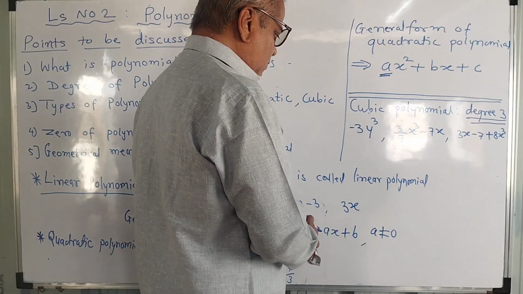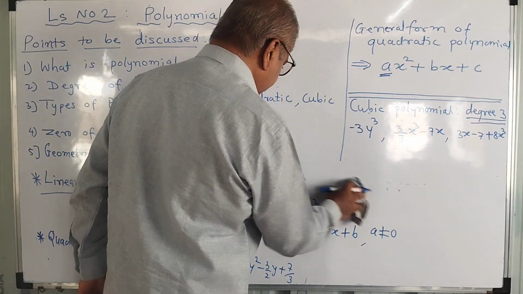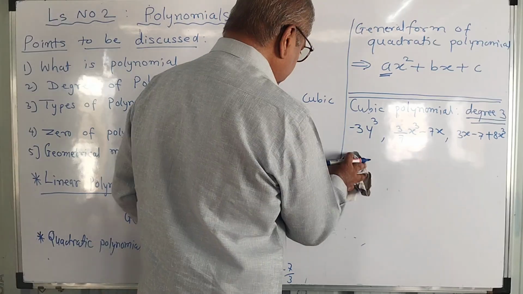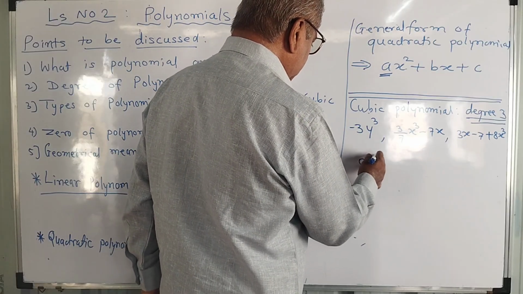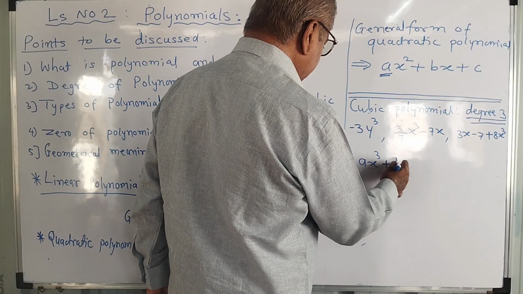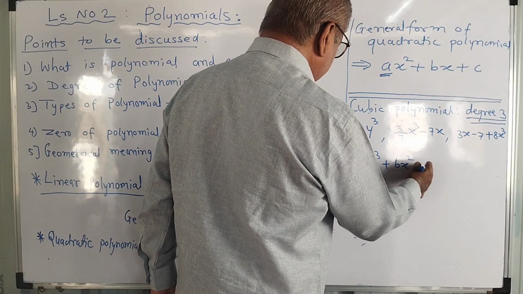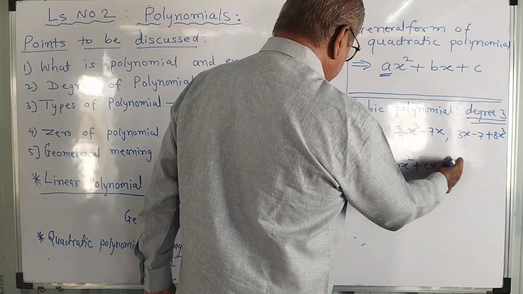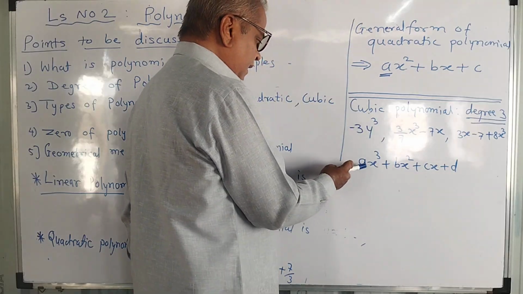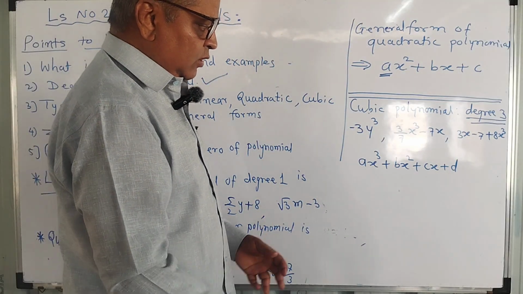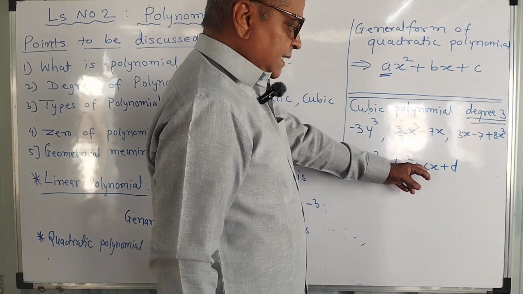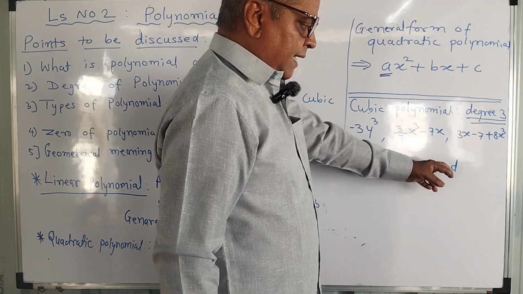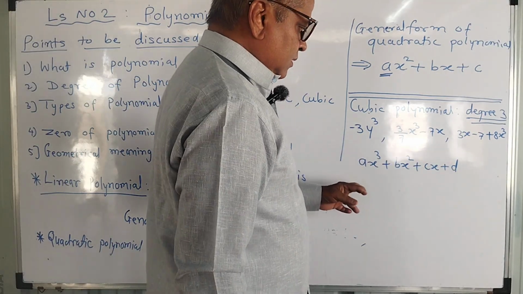What is the general form of cubic polynomial? We can write the general form ax cube plus bx square plus cx plus d. See, a is the coefficient of x cube, b is the coefficient of x square, c is the coefficient of x, and d is the constant term.